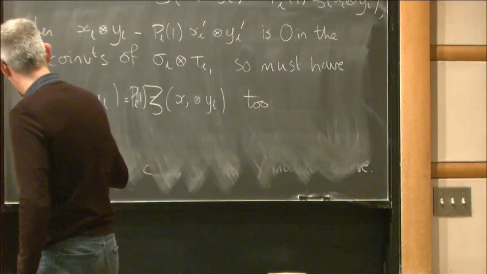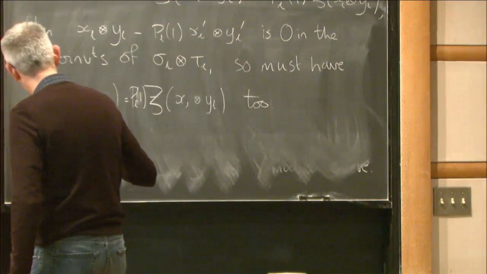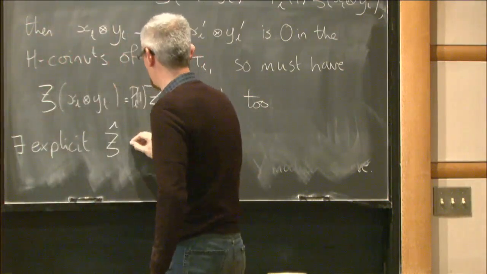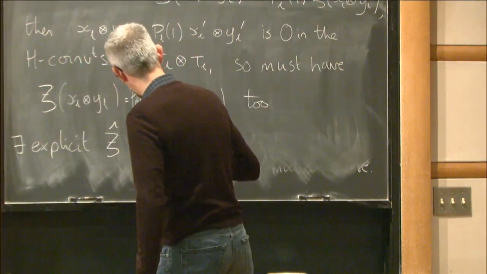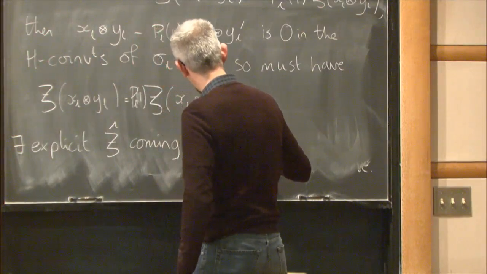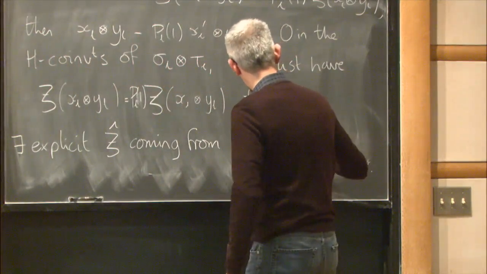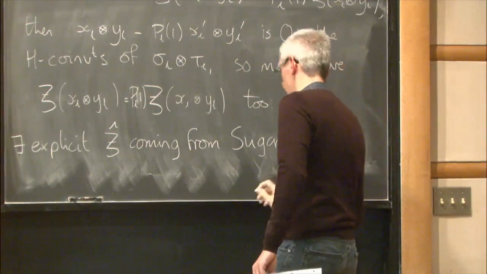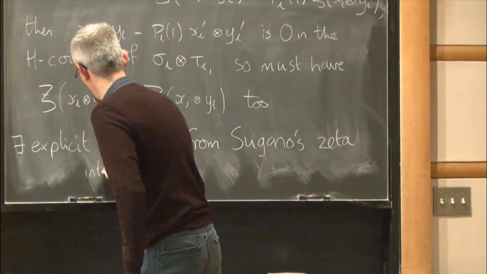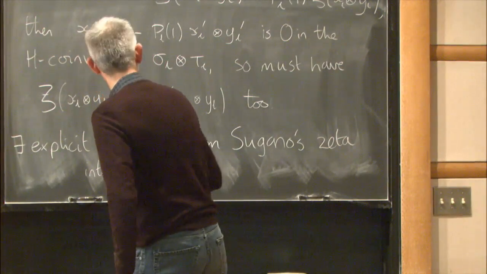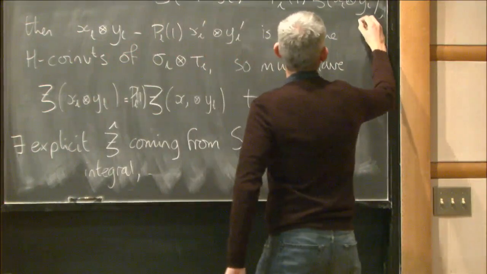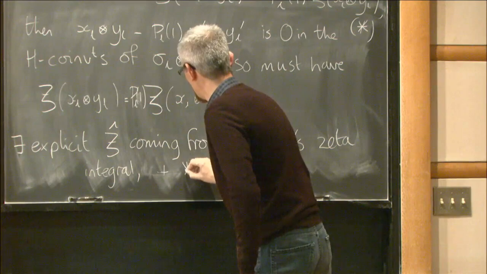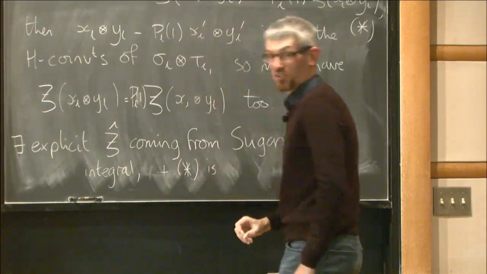So there is an explicit z hat coming from zeta integrals, and then this relation star is a moderately easy exercise.